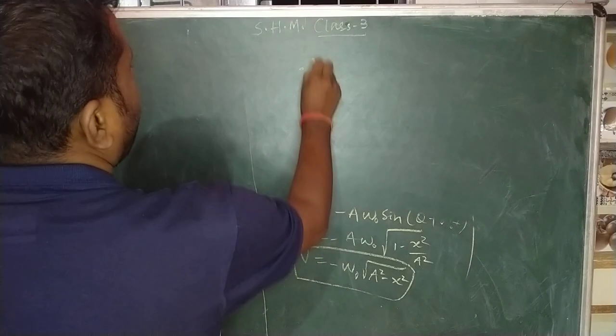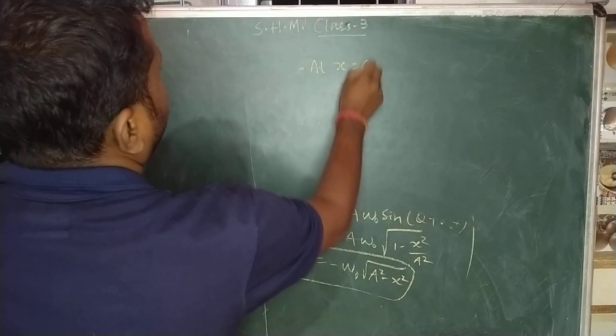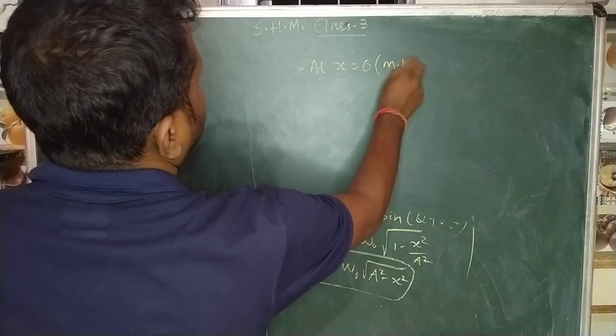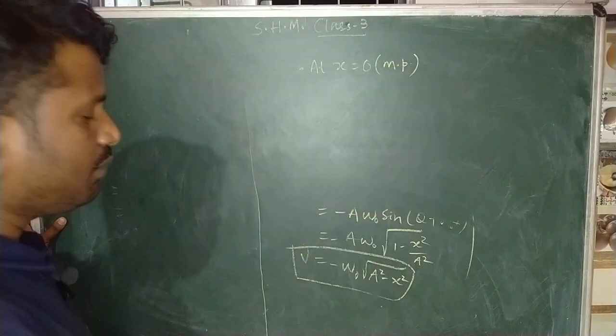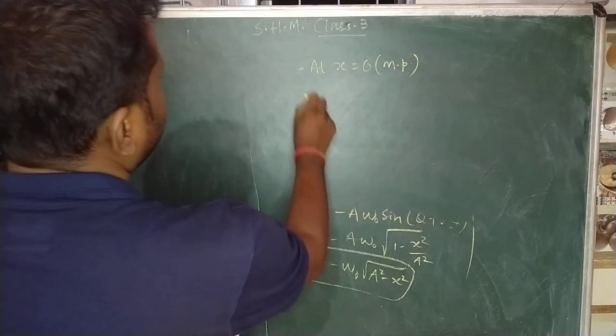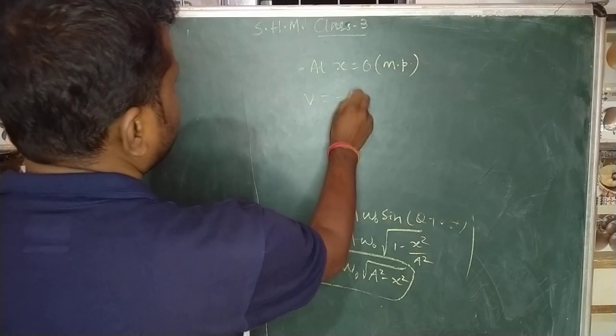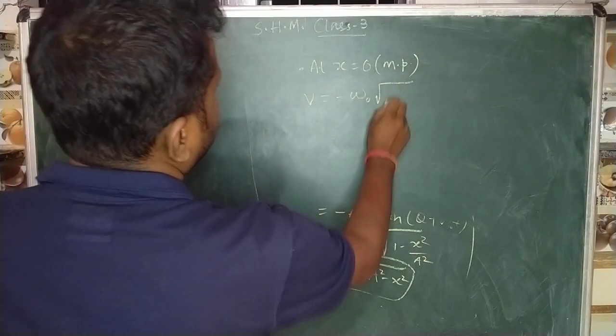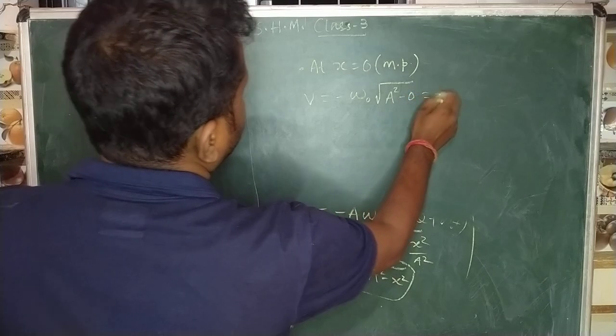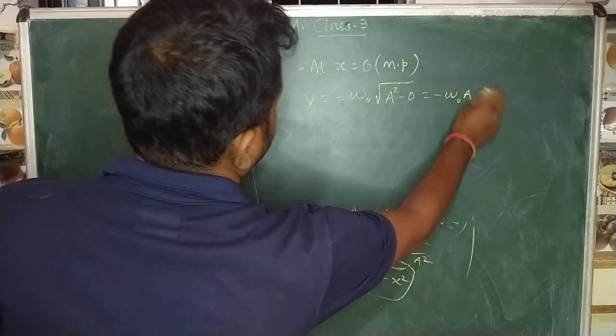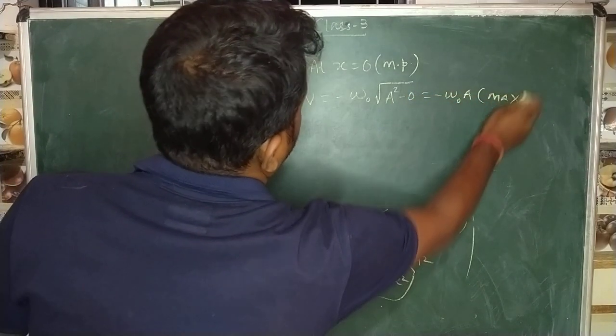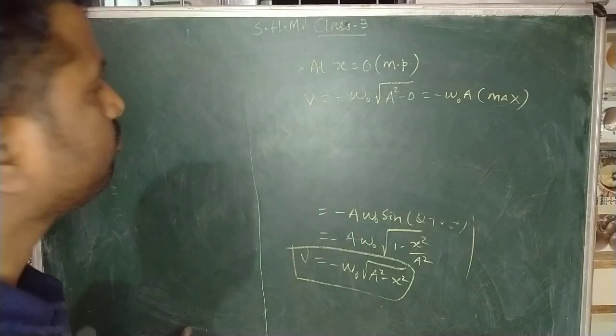Start at x equal to 0. That means at our mean position, the velocity will be minus omega naught square root of A squared minus 0, which is equal to minus omega naught A, maximum.